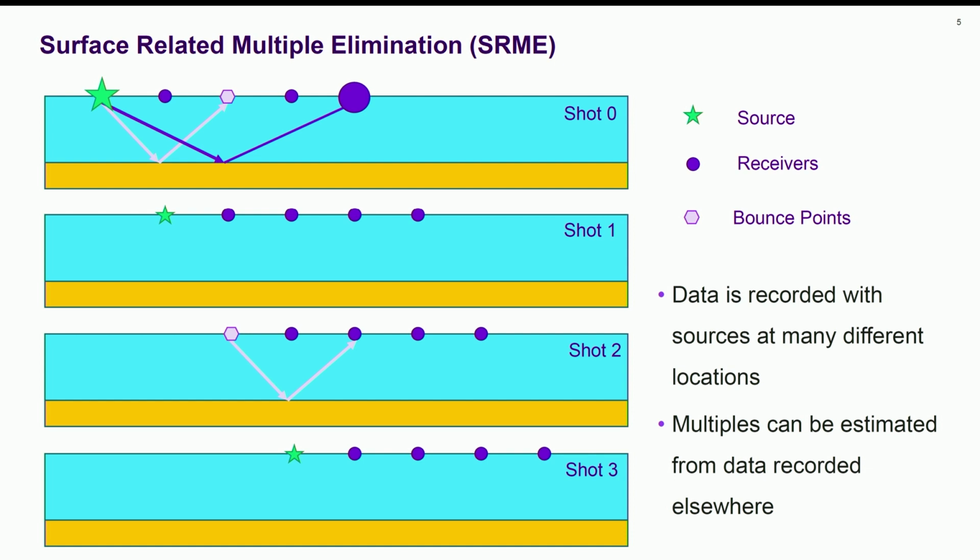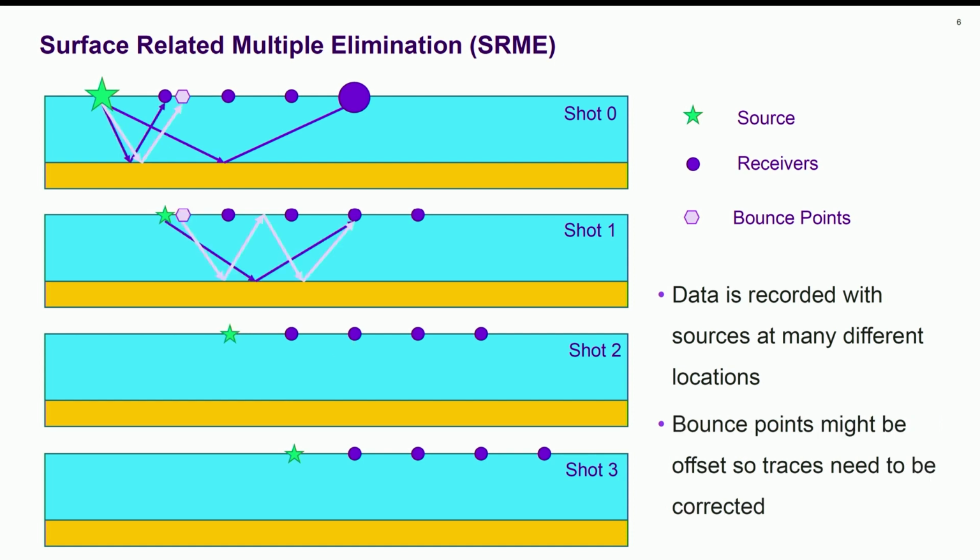And then we have a source-side recording to that point. And actually, if we look elsewhere in the data set at some different shot, then once upon a time, our shot was at that location. Therefore, we can pull that piece of data, and now we have both legs. We can convolve them together, and we can get an estimate for the multiples that are in there.